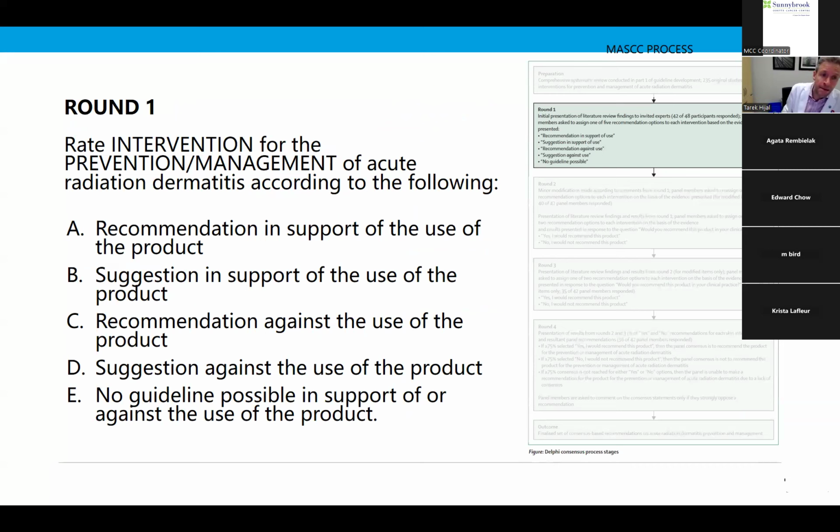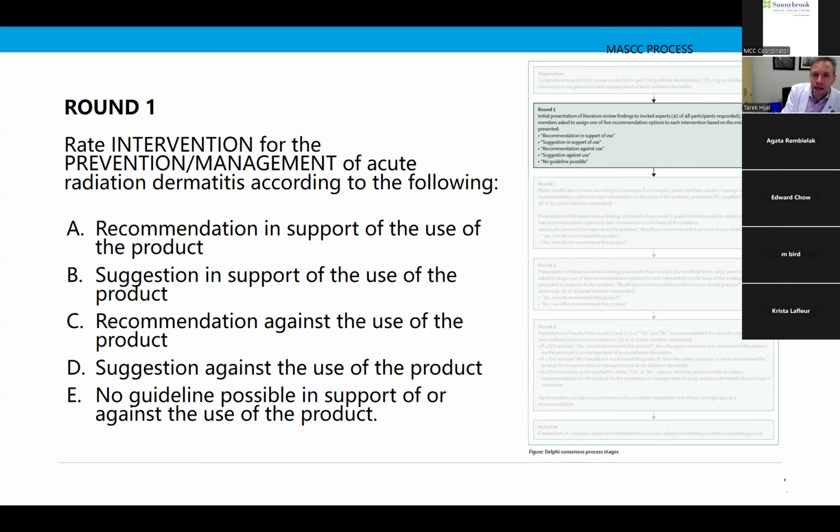So here you can see the exact question. Rate the intervention for the prevention or management, round A and B, of acute radiation dermatitis. So is the data towards a recommendation in support, a suggestion in support, a recommendation against the use of a product, or a suggestion against the use of a product, or no guideline possible, whether for support or against?